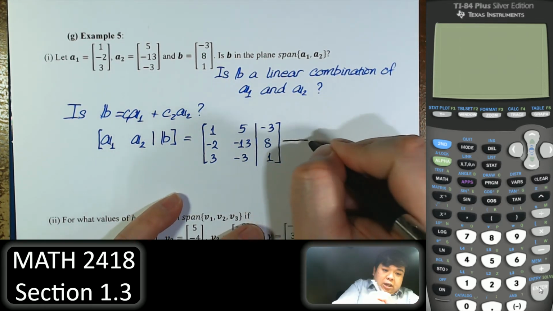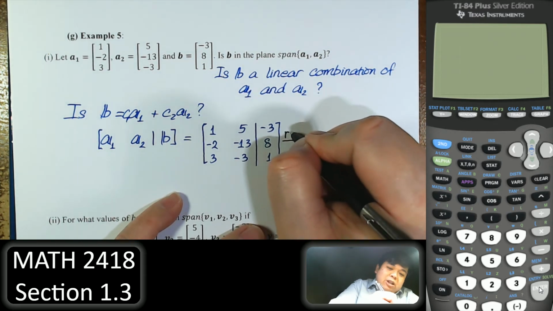Now let's do the linear combination. Reduce to row echelon form.